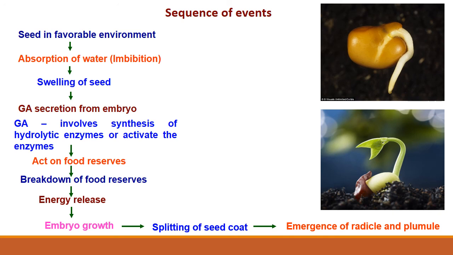Among these two, the radicle first emerges and it further develops into root system of the plant, and next the plumule emerges and it further develops into shoot system of the plant. After the plumule emerges, two cotyledonary leaves emerge, and these two leaves are further involved in photosynthesis process. This is all with regard to seed germination process.